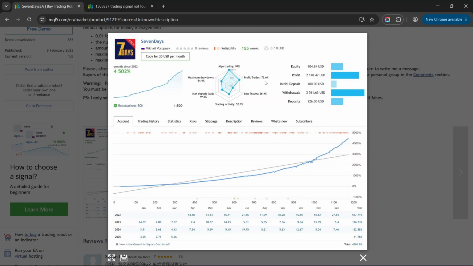Profit trades 73.6%, trading activity 52.9, maximum drawdown 54.9, which is pretty high. They deposited $400 with $2,140 profits and deposits of $926 later on.